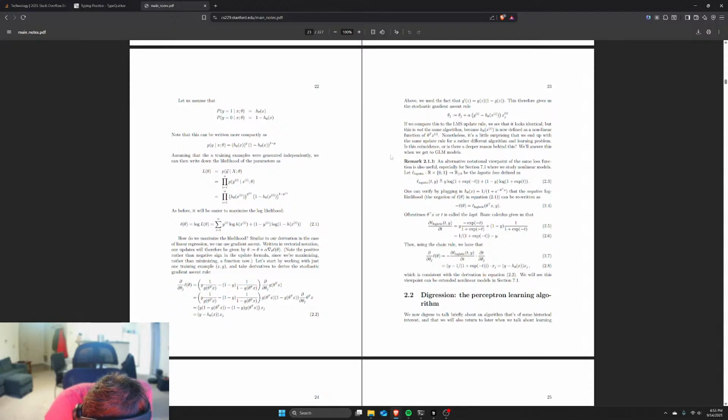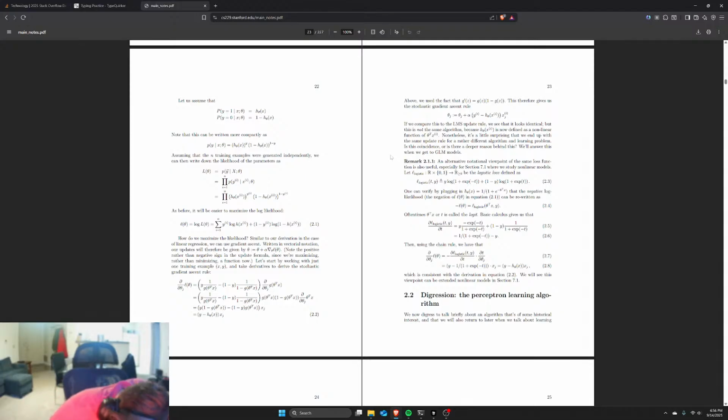So the probability of the y vector, I'd prefer Einstein notation for this. There isn't a good way to do that.